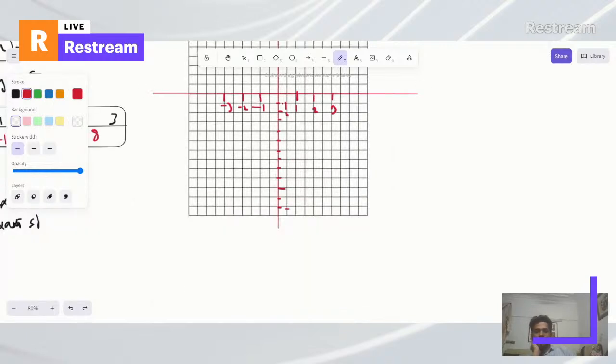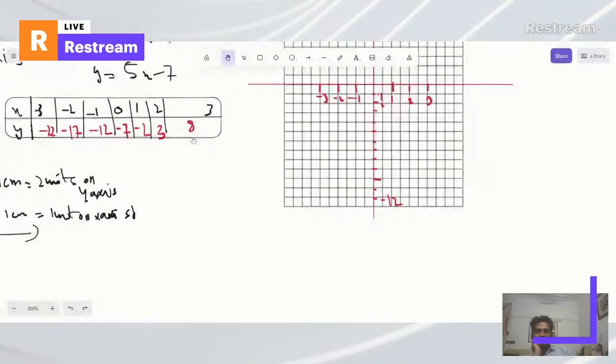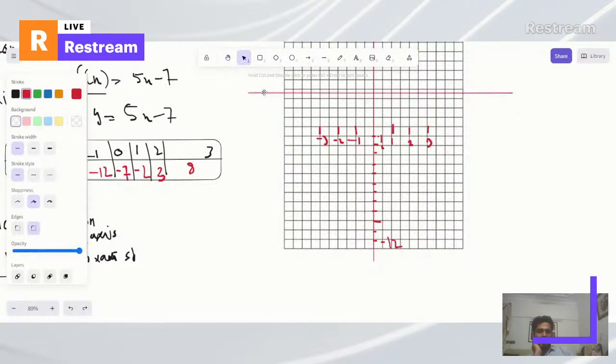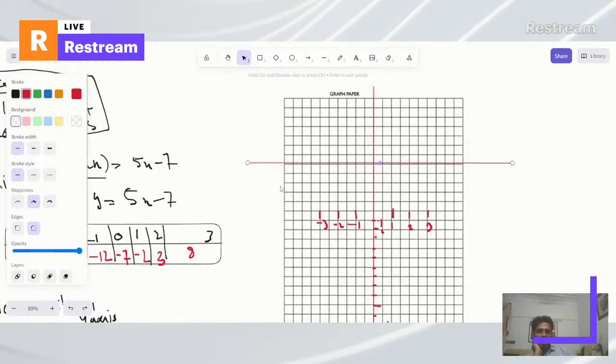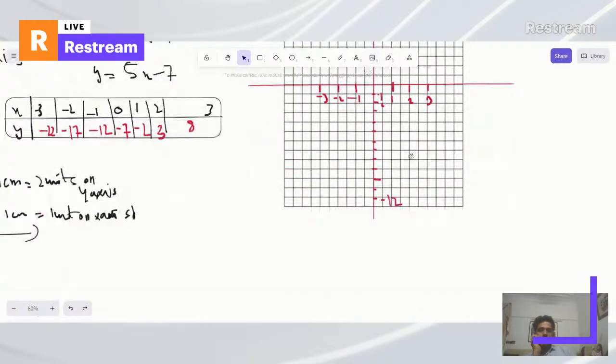So I'm going to go till -12. I might need to shift it a little bit, so let's just shift it upwards till here maybe. If we do not shift it and we just change the labels, we say that it's going to move.